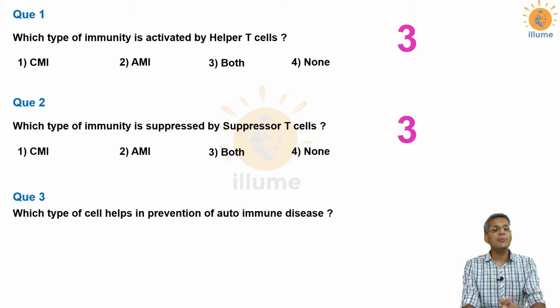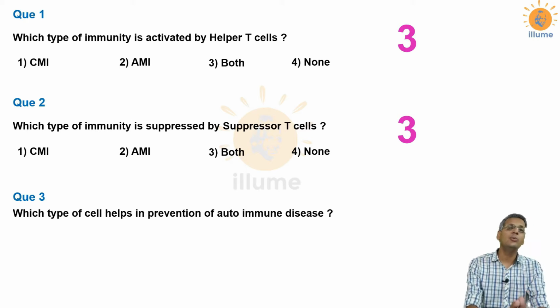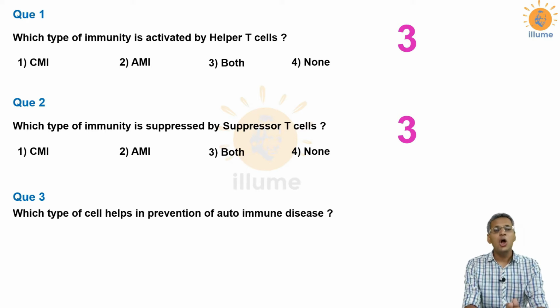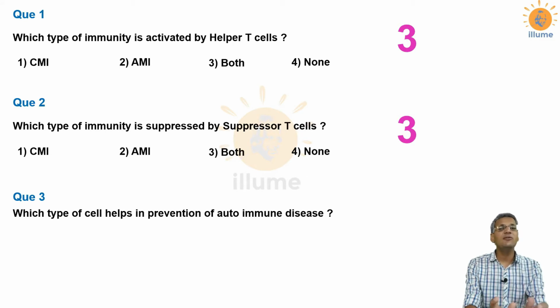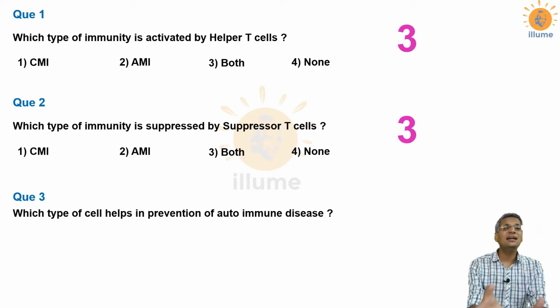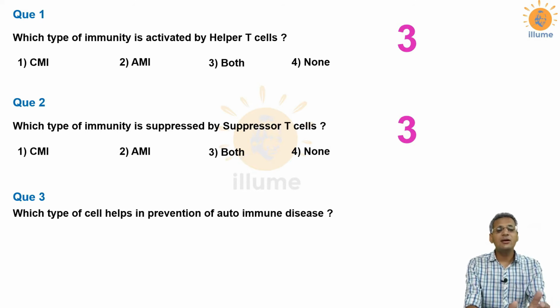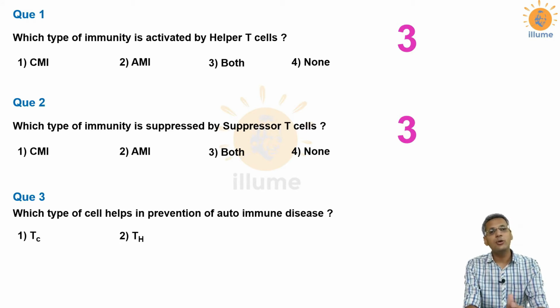Next question is, which type of cell can prevent autoimmune disease? Now, what are autoimmune diseases? Autoimmune diseases are the diseases in which your immunity is having an interaction with the self antigens of the body. Whenever your immunity is producing antibodies against your own antigens, then that would cause autoimmune disease.